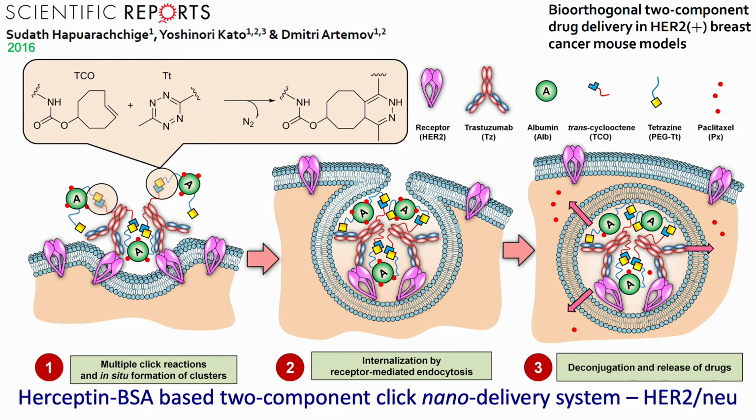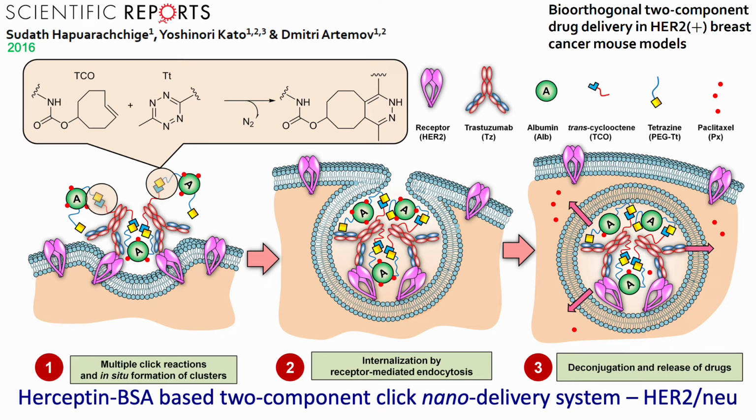Then you follow up with the second click pair, which is tetrazine. And this is albumin with tetrazine and the chemotherapy cargo. So then the tetrazine binds to the first click pair, which is TCO, and it forms these clusters wherever HER2 is present.